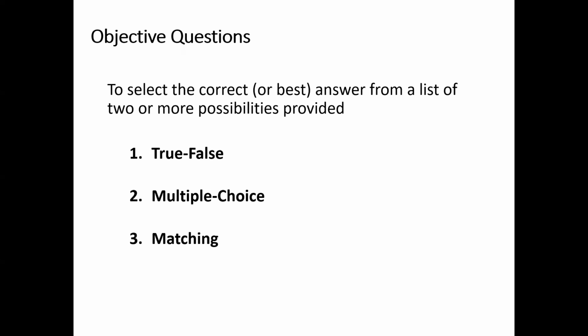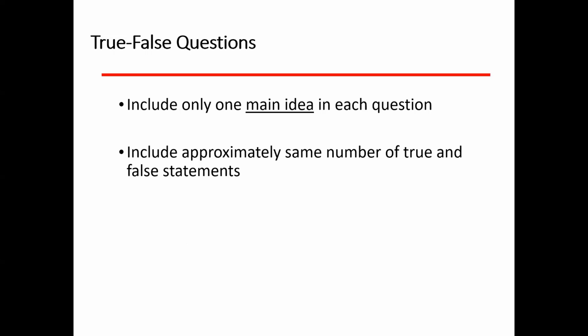When it comes to these objective questions, true false questions talk about the main idea of a question. So we're looking at what is correct, and then are you able to read a scenario or read a situation and understand, is this also correct or is this incorrect? But this does have a 50-50 shot, and I do recommend using approximately the same number of true and false statements throughout an entire mastery test.